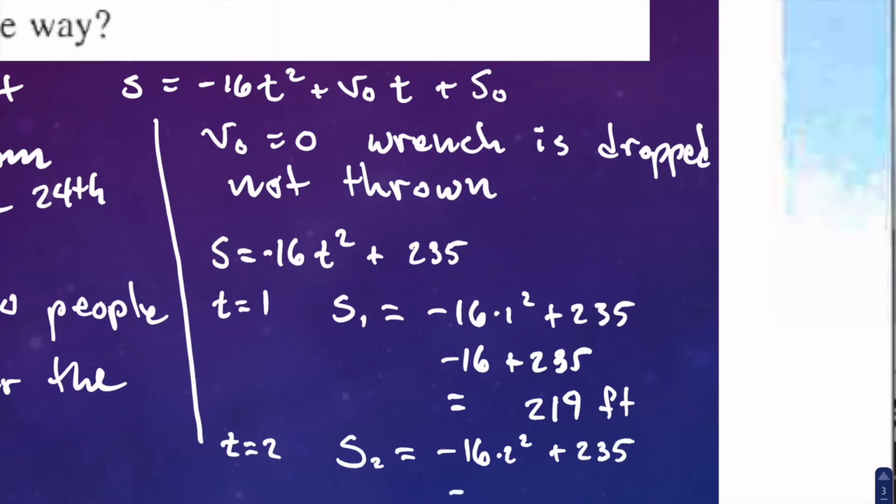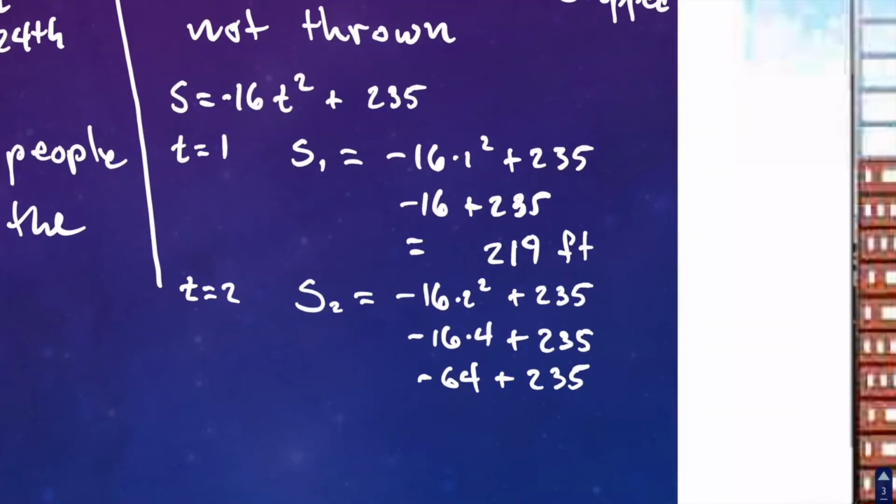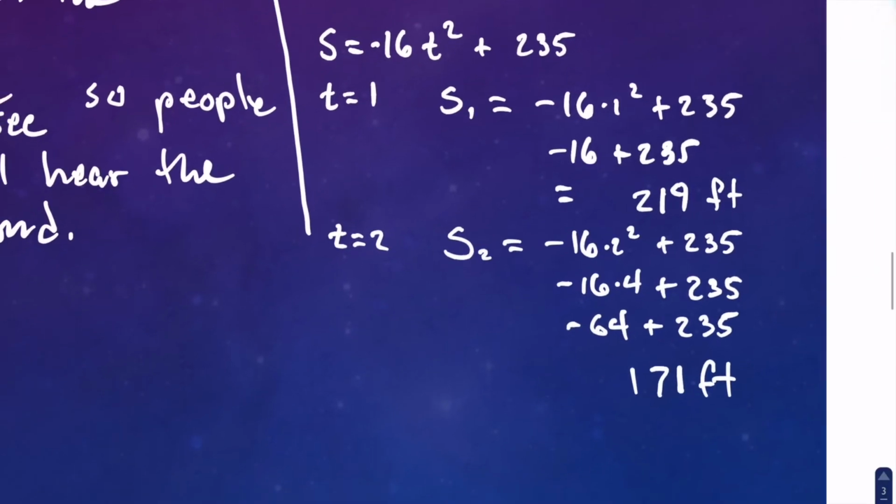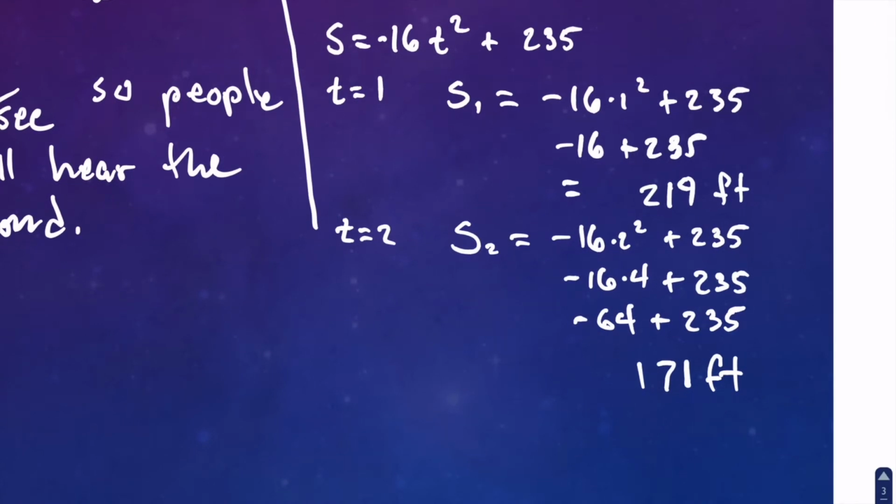That's really negative 16 times 4 plus 235, or negative 64 plus 235. So 235 minus 64, I get 171 feet. So after 2 seconds, we're still at 171 feet.